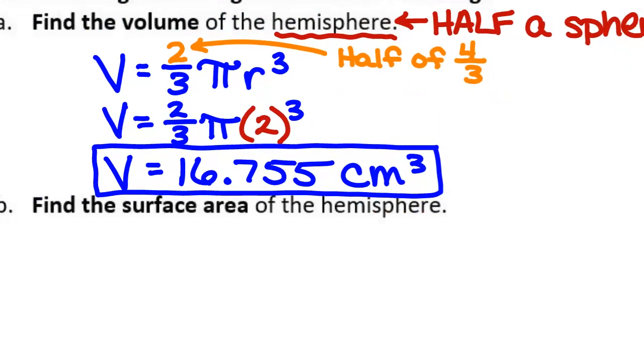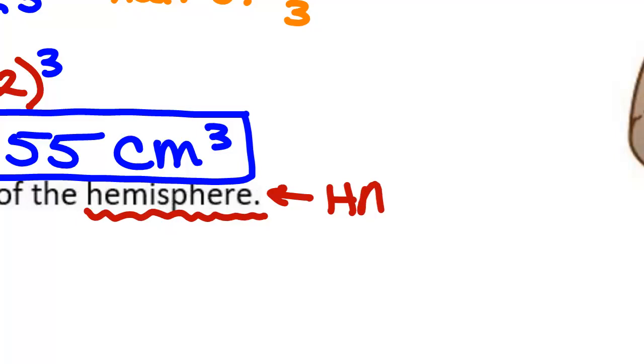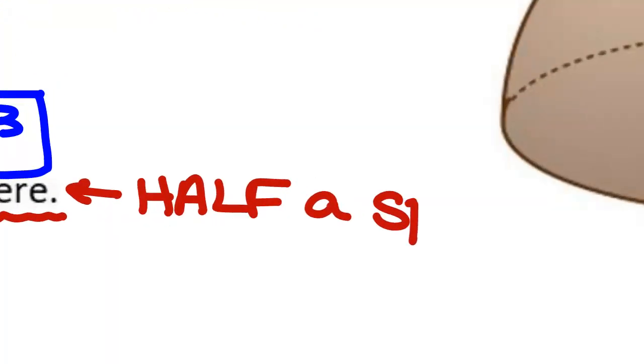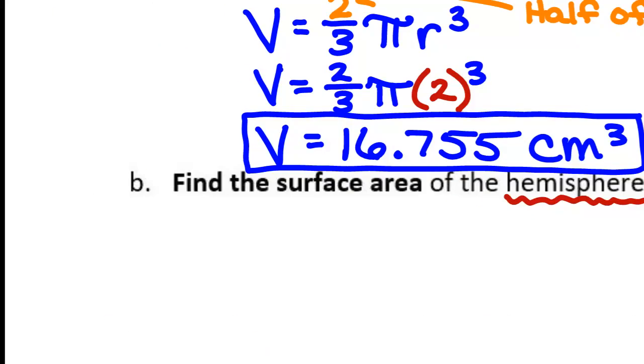Same kind of thing down here with surface area. We want the surface area of the hemisphere. Hemisphere is half a sphere. The surface area formula for a whole sphere is 4 pi r squared.